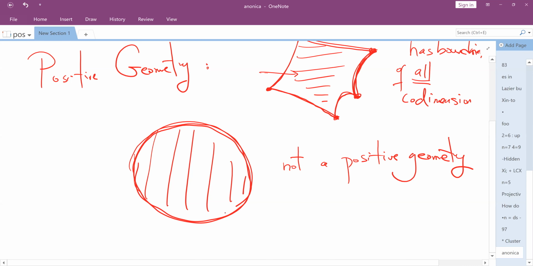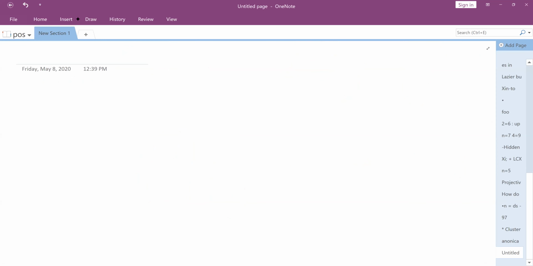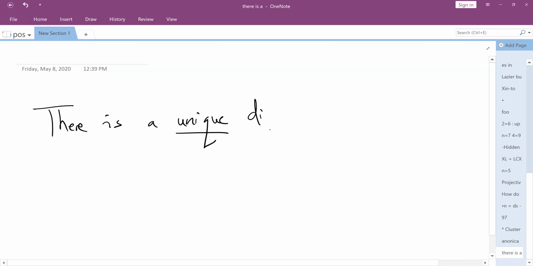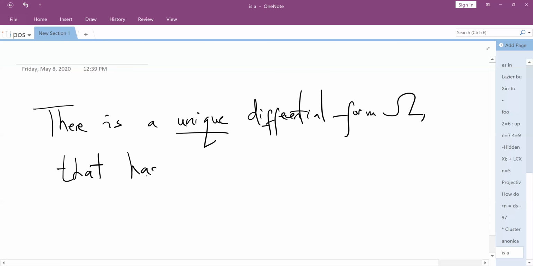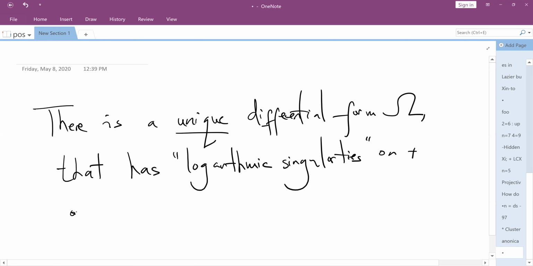Okay, but actually we want more. We also want that there is a unique differential form omega that has so-called logarithmic singularities, and we'll see what this all means in a second, on and only on the boundaries.